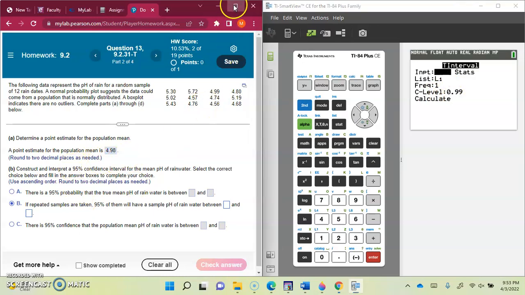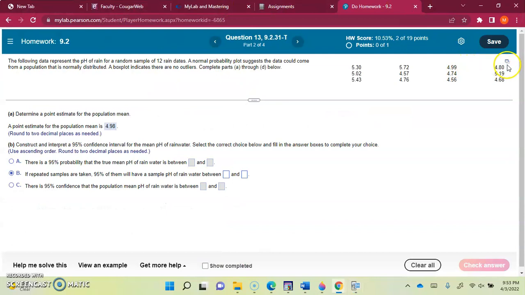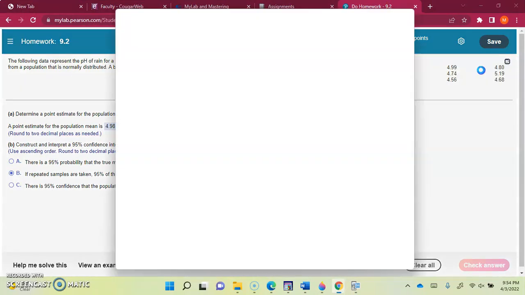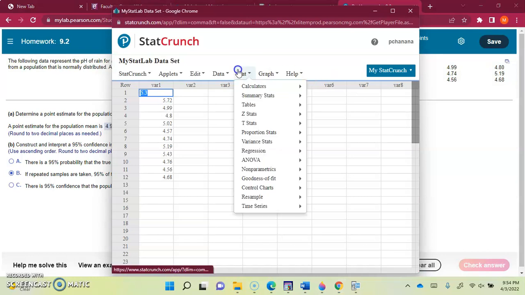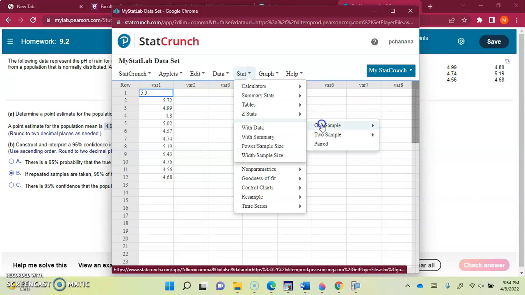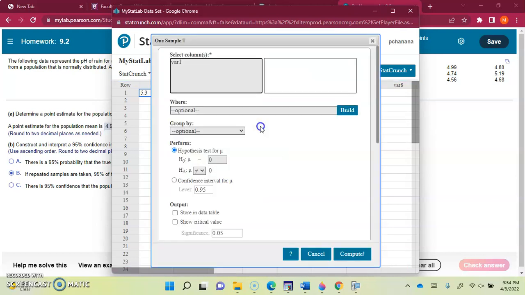So I just want to show you how you can use StatCrunch from here. In the StatCrunch, in stats, there is T stats. It's only one sample, so we're going to select one sample and we want summary. This is data given actually. So with data, data is in variable 1. I'm going to select that.